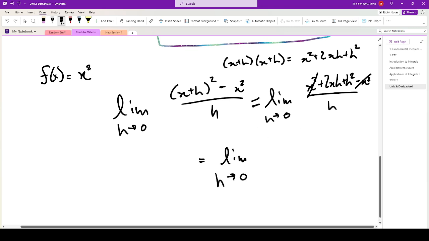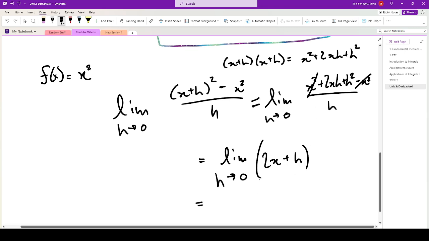So, limit as h approaches 0, right? We're going to evaluate this algebraically. Because if you try to directly substitute in, you're going to run into an issue because you have literally 0 divided by 0, and that doesn't tell you anything. So you have 2xh plus h squared divided by h. 2xh divided by h is going to be 2x. h squared divided by h is going to be h.